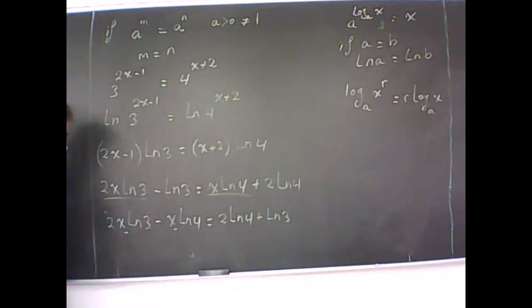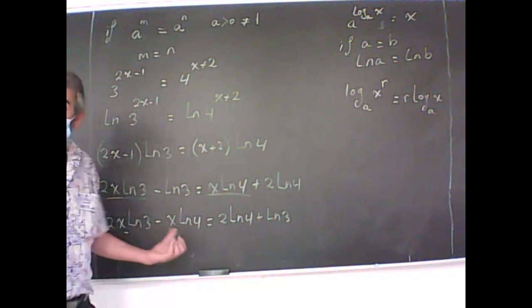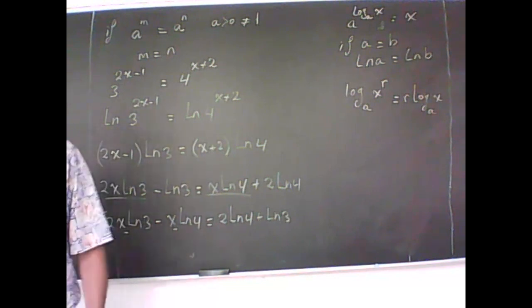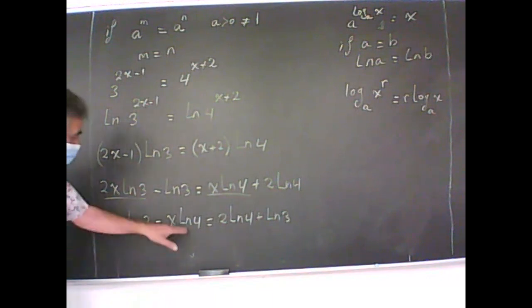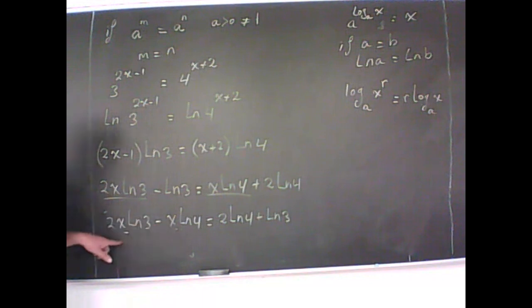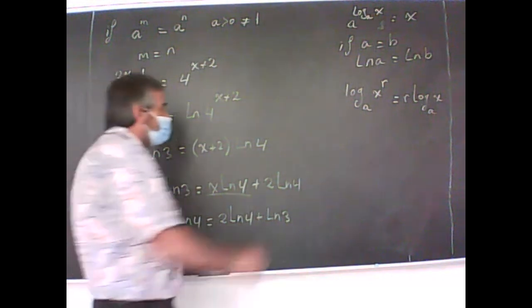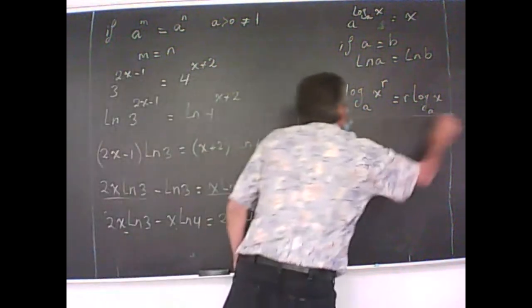Well, we have x here, we have x here. I don't want to combine them together and put them in the calculator because I'm going to get a number that is not exact. Okay? So what I'm going to do here, because we do have x in common, I can factor x. So what do I get if I factor x?